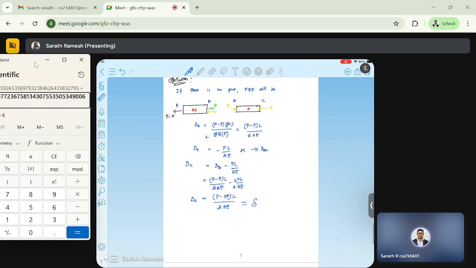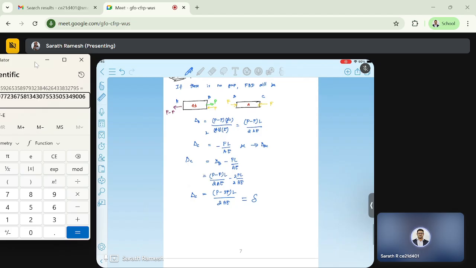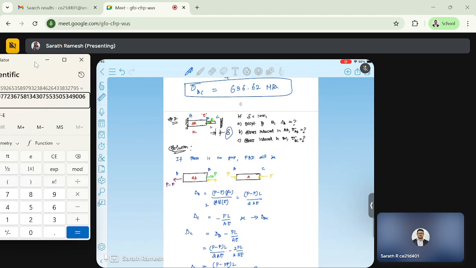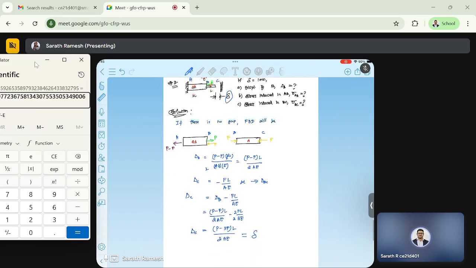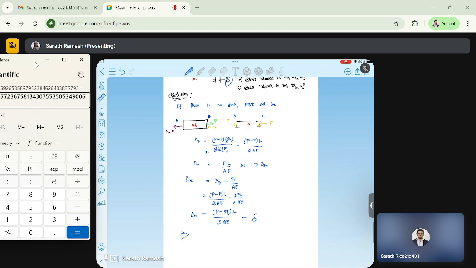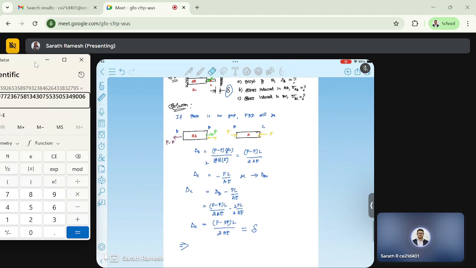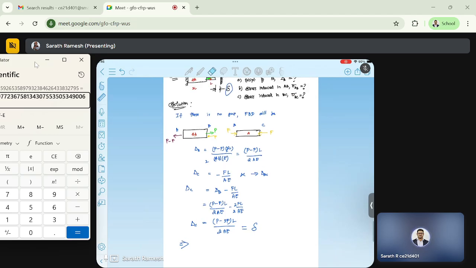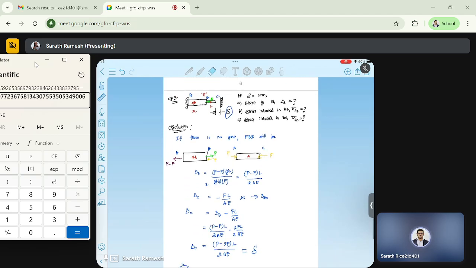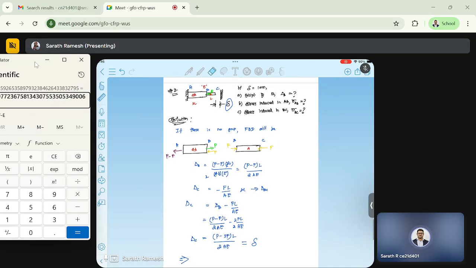So this will give rise to delta C. Okay, we can write the expression for F because we need to find the stresses induced. So we need to find the value of F as well. Before that, the first question was the displacement of delta B. Is that over? No, because there also we need the value of F, right?